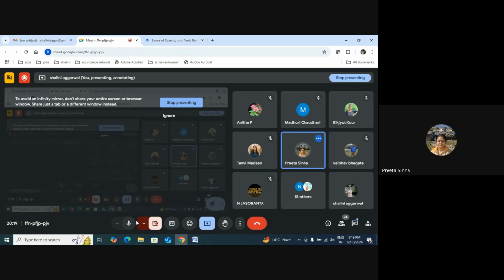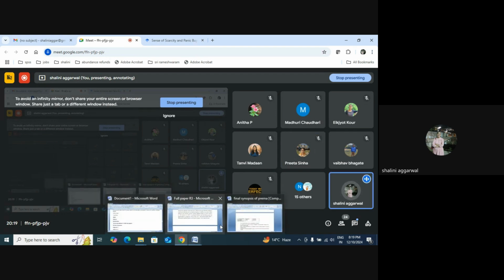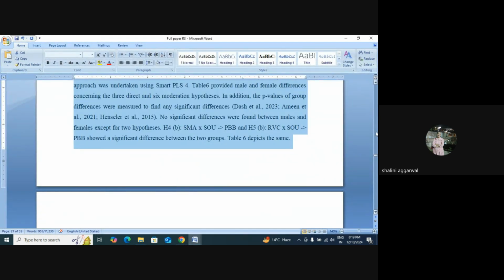Are you able to understand? Yes, ma'am, I have understood. In case of RBI data, suppose I've taken data from the RBI database, I need to mention that in the references as well. Do I need to mention the date also when I have taken that data?